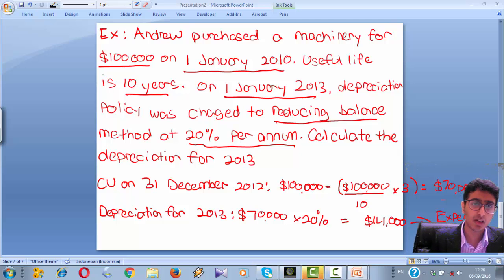Yes? Now, how about following this example in the statement of financial position, or in the SOFP, how will we value our machinery? It will be on carrying value. Say, let me write this SOFP.